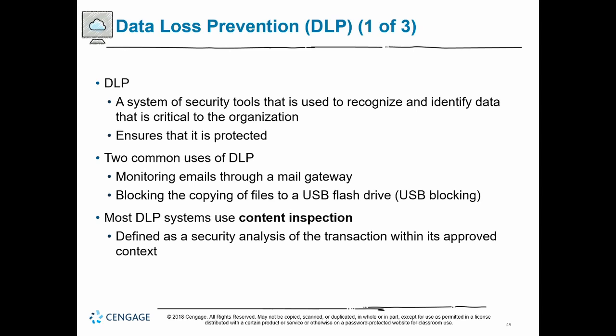Additionally, we have CASB, Cloud Access Security Broker. Those are being used more and more these days to inspect not only emails that are going out and attachments that are going out, but it also integrates with different applications out there.